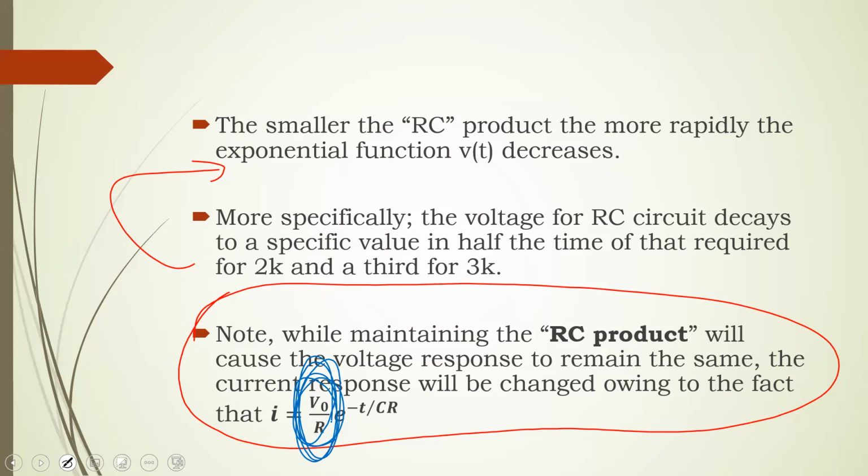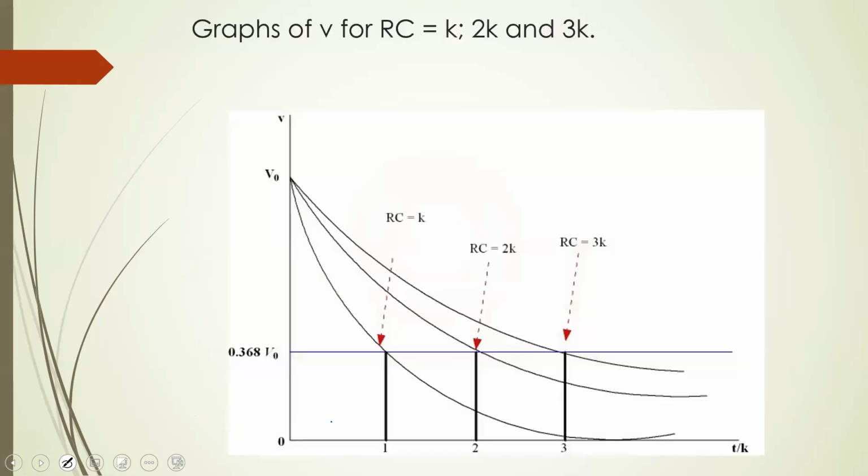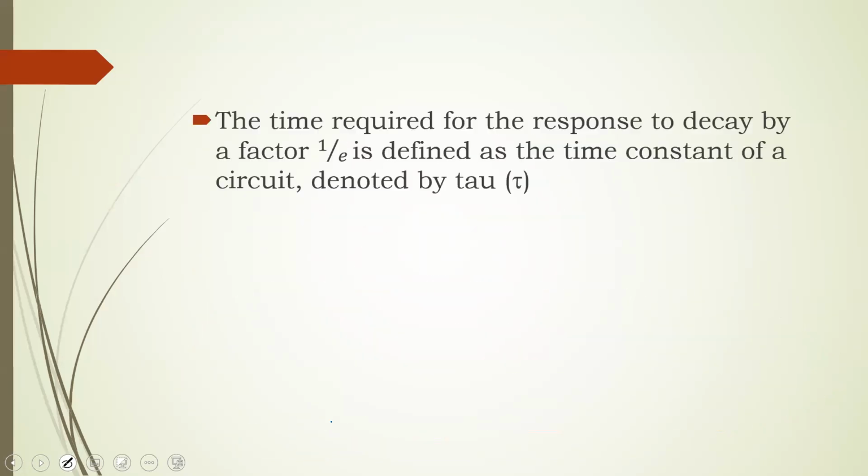All right? Now, by definition, when we talk about your RC time constant, what we say is that the time required for the response to decay by a factor of 1 over E. Now you can flip out the calculator and determine 1 over E. What is 1 over E?